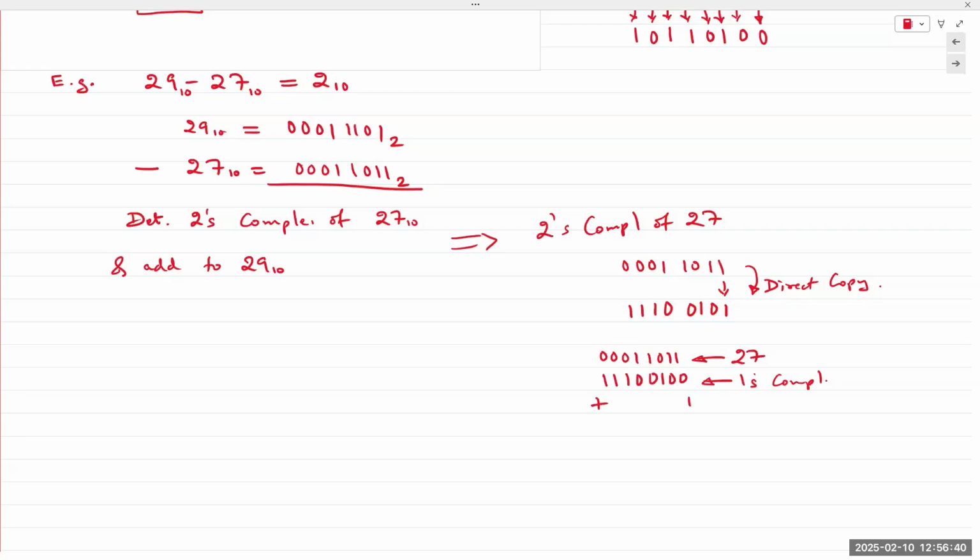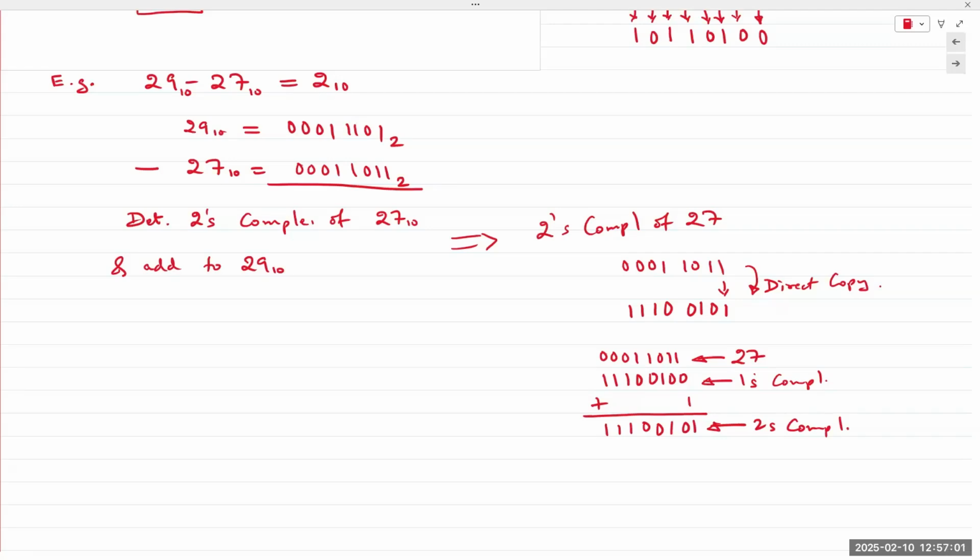And then plus 1 gives me the 2's complement. That becomes 1110 0101. Same number, both methods.